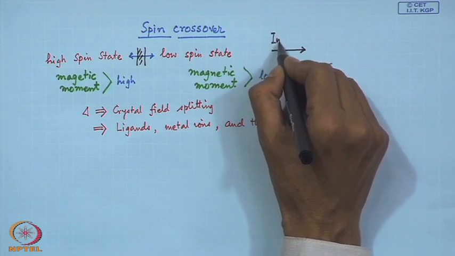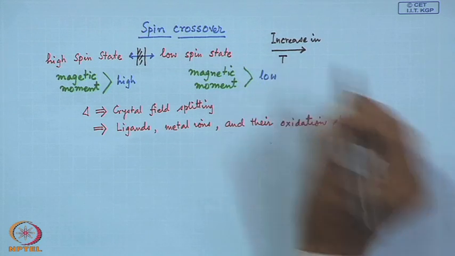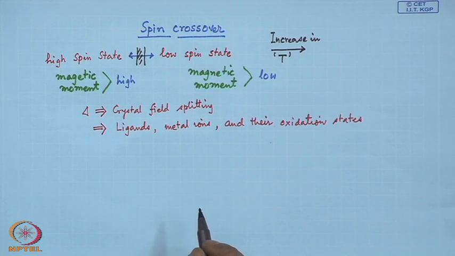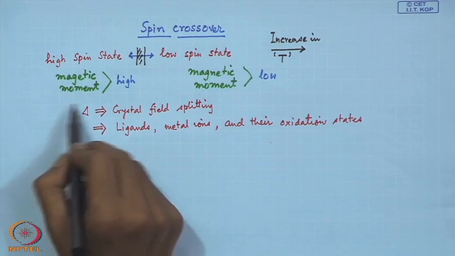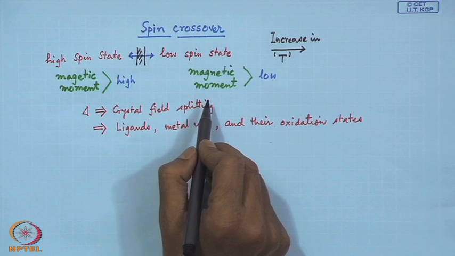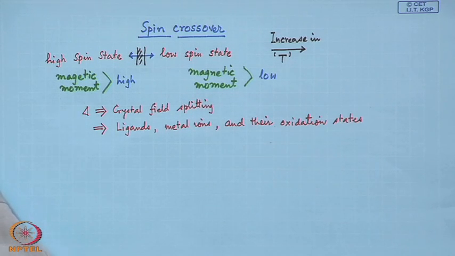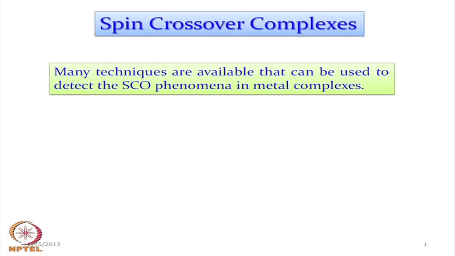With the increase in T value, we will find that the spin state will be changing from one position to the other, and at the same time we will be using the magnetic moment values for the characterization. So, these compounds, when we consider them as complexes, are also known as spin crossover complexes or SCO complexes in coordination chemistry or transition metal chemistry.